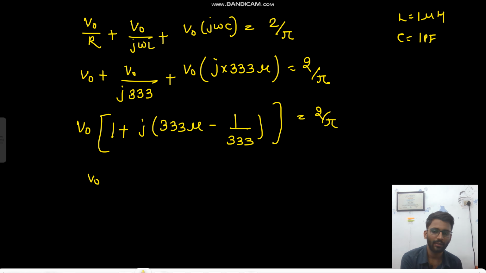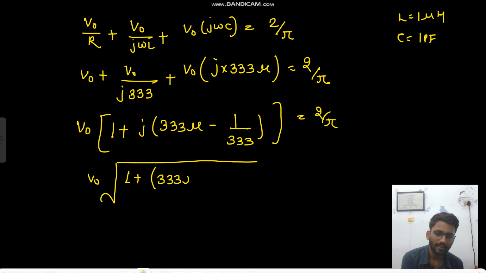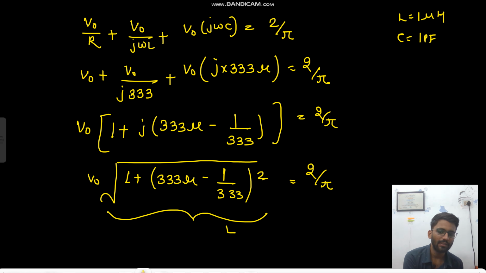So it would be V naught into under root of this value 1 plus 333 micro minus 1 by root 333 whole square equals to 2 by pi. Now if you solve this, you will get to know that this value is almost equals to 1. This value will almost be equals to 1. So here your V naught is coming out to be 2 by pi volt.